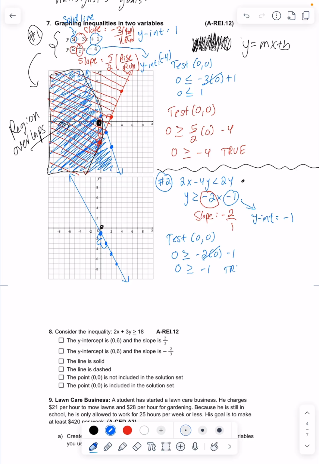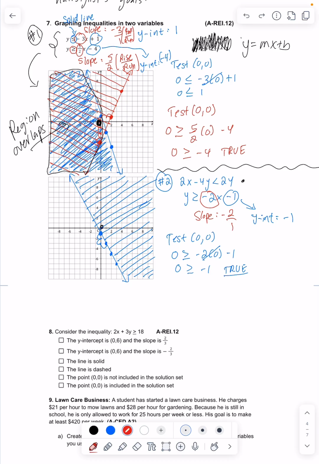The answer is yes, it's true. So therefore, we shade on the side of the testing point, in this case 0, 0. So we shade on the right-hand side, because all these possible combinations here will make this inequality true.